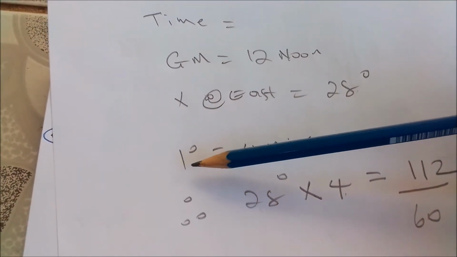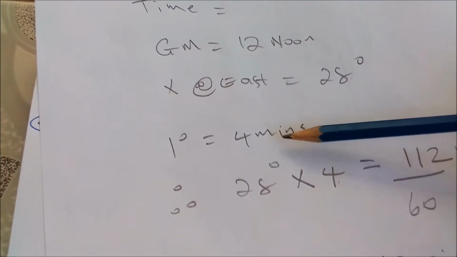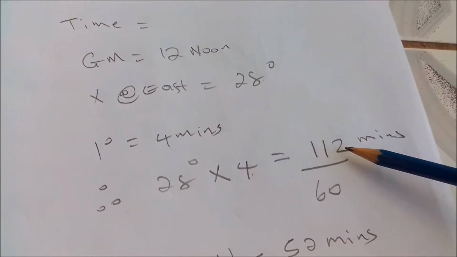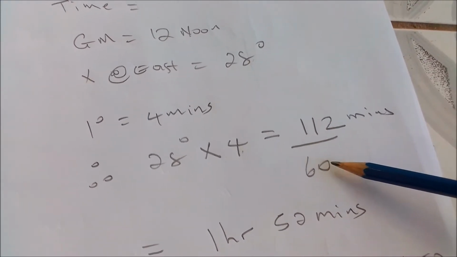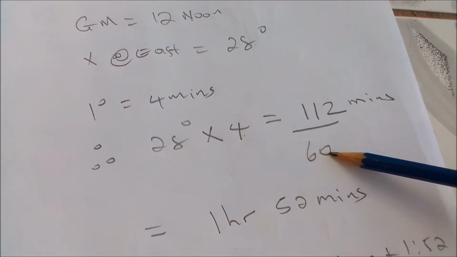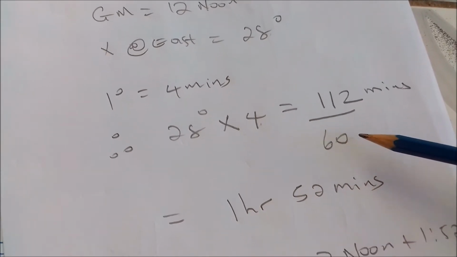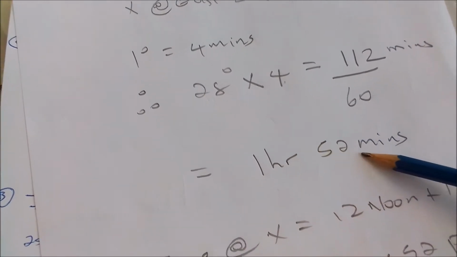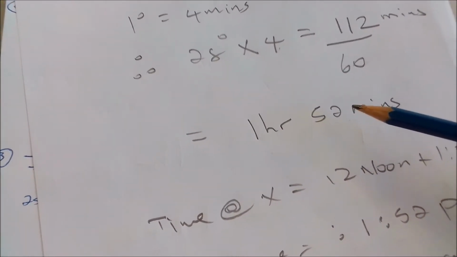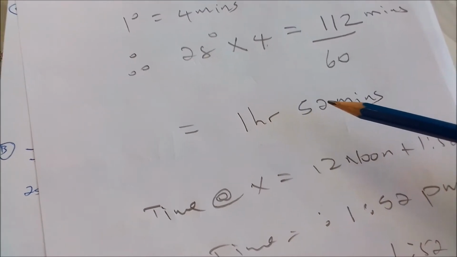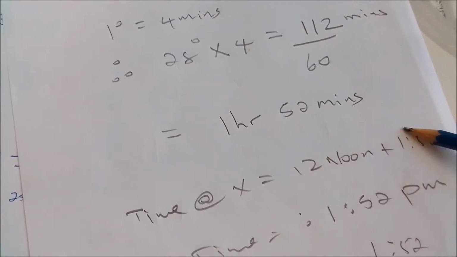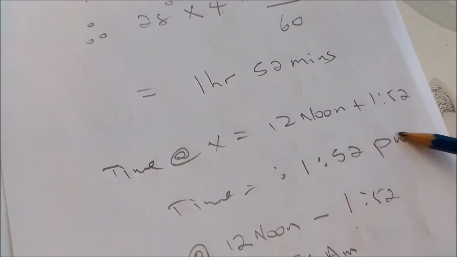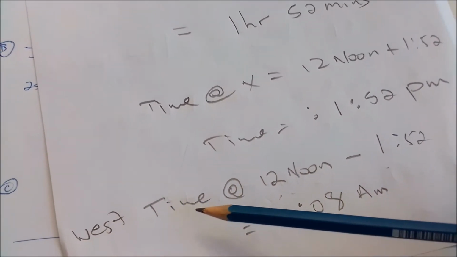Remember, 1 degree equals 4 minutes, so 28 times 4 gives you 112. 112 divided by 60, because 60 minutes make 1 hour, right? You're converting it into hours. So now you end up with 1 hour and 52 minutes. Because you're moving east, you have to add the 1 hour and the 52 minutes to the 12 noon. That gives you the time of 1:52 p.m.